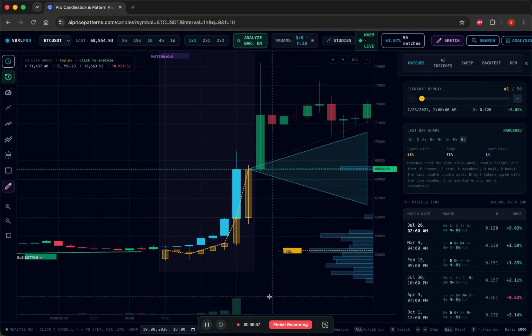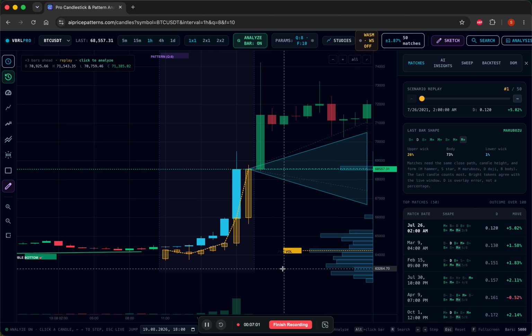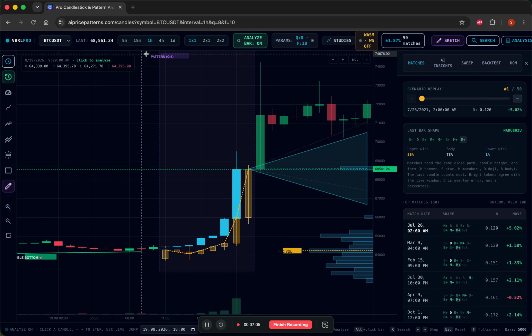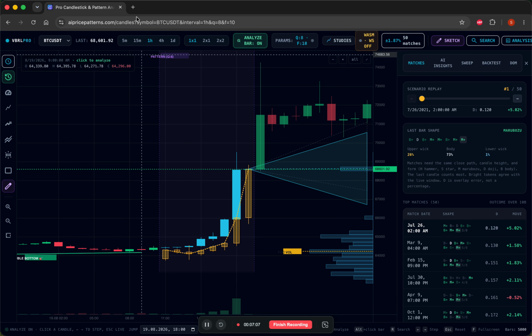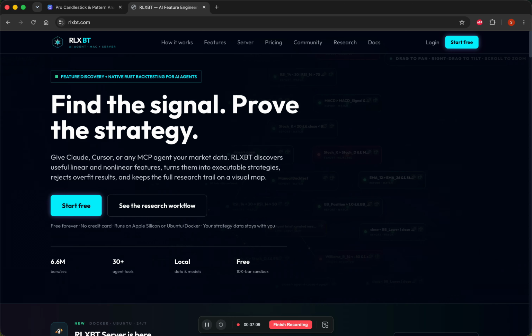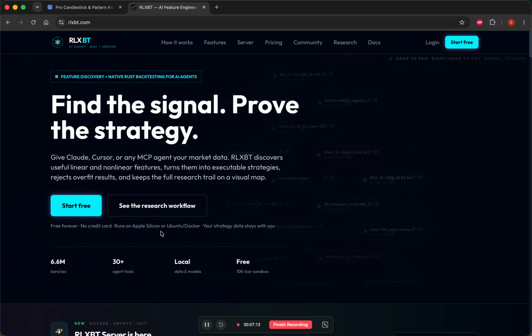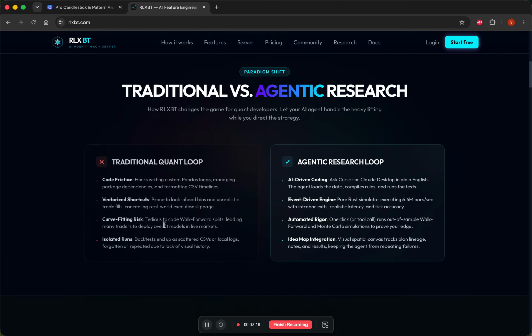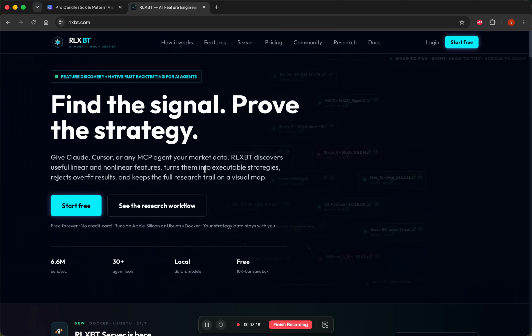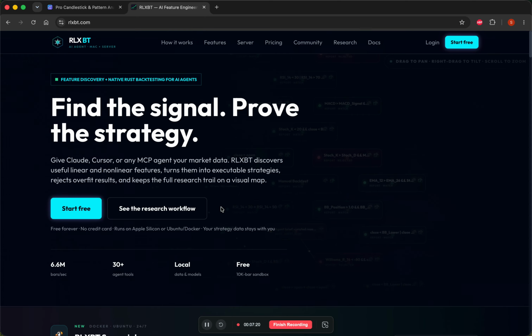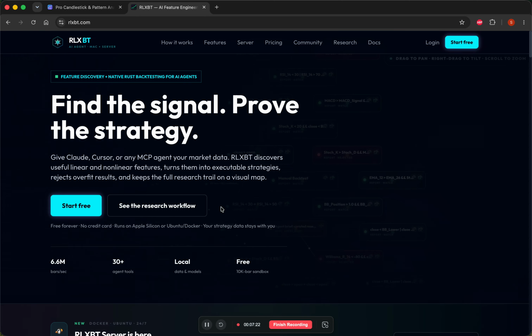Maybe I'm doing it right now more for myself, for my quant research, because right now I'm working in both directions. For example, there is my RLXBT stuff, which is for quantitative research, and you can analyze really complicated situations with an agent. It's more for agentic backtesting, and it really helps me to understand.